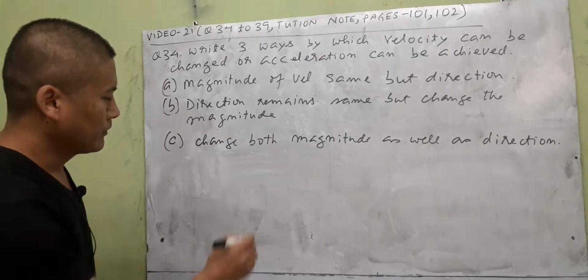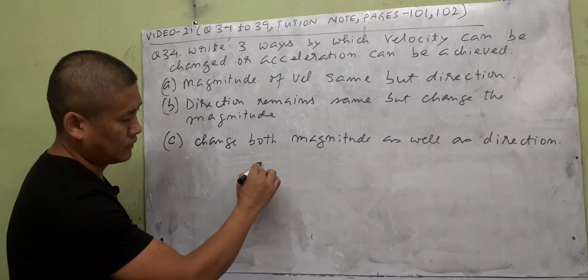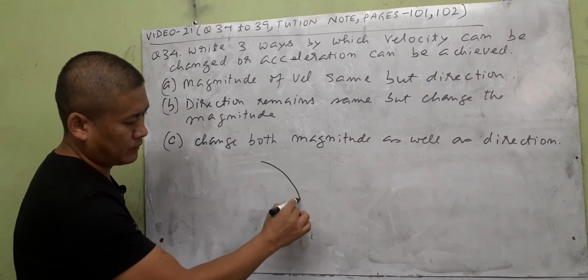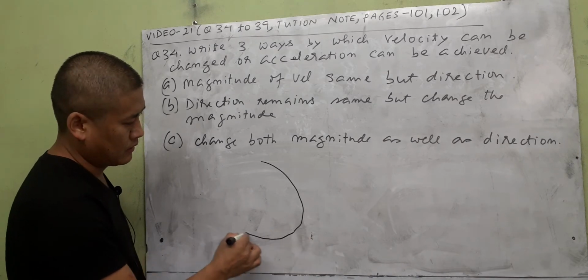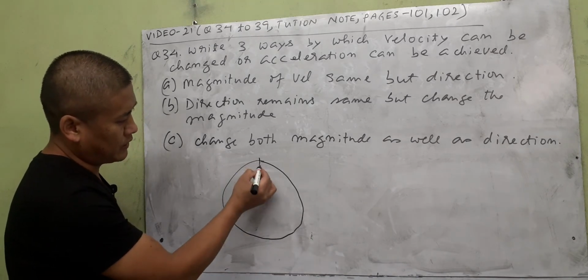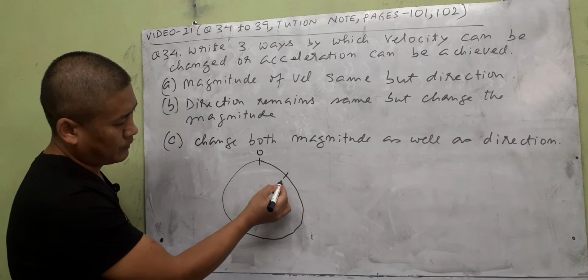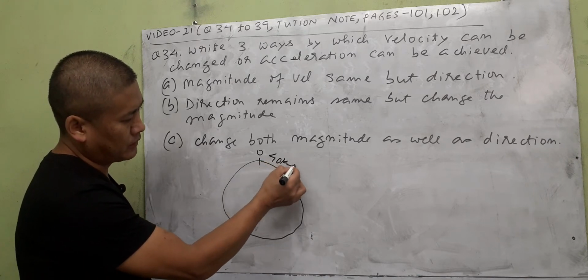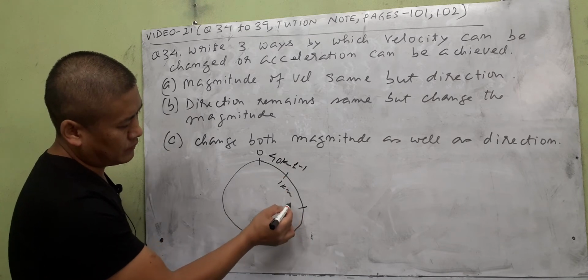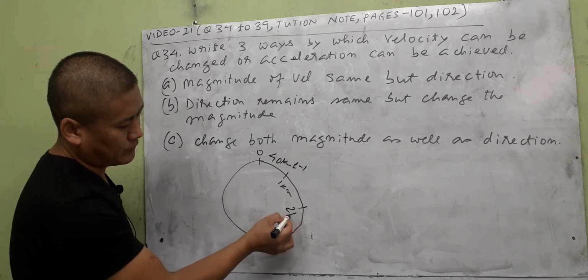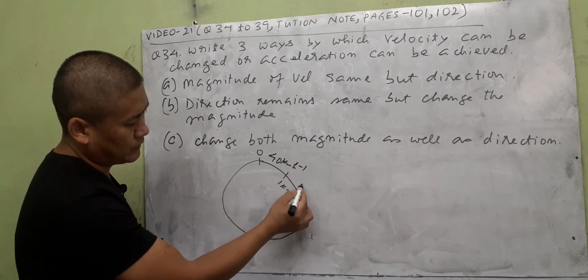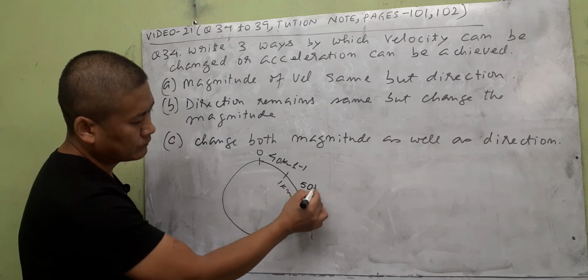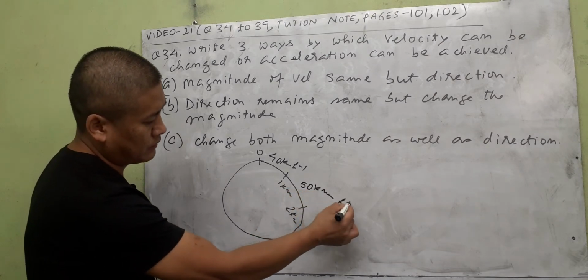Example will be a car moving in a circular direction in a big field, let us say. So let us say this car is moving from 0 to 1 kilometer with a speed of 40 kilometer per hour. Then the next 1 kilometer, that is 2 kilometer, it is moving with 50 kilometer per hour.